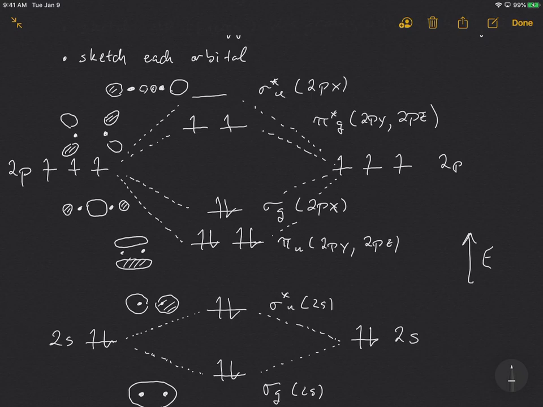So that's going to be a lower energy configuration. Of course, it's still an anti-bonding configuration, but the electrons in those orbitals are going to contribute to the overall total energy of the system. And so any molecular orbital that we stabilize is going to reduce the total energy of the system. So that's the lowest energy configuration for O2.